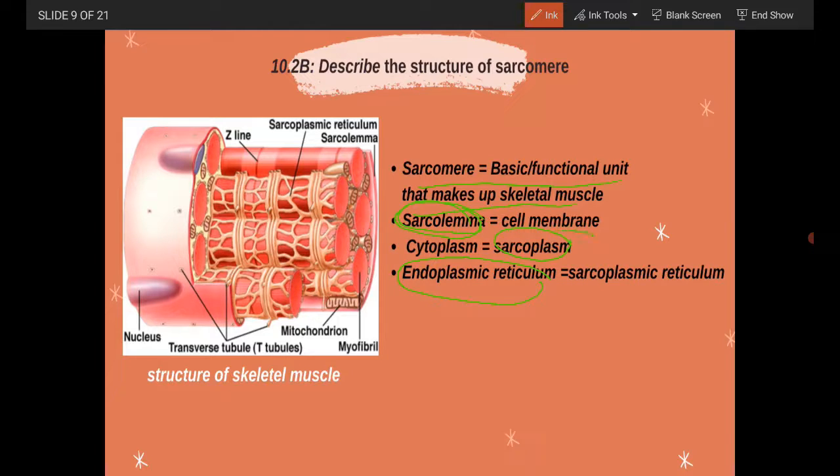Sarcolemma refers to the cell membrane of the muscle cells. So this is sarcolemma. Sarcoplasm is the cytoplasm of the muscle cells, and sarcoplasmic reticulum refers to the endoplasmic reticulum of the muscle cell.